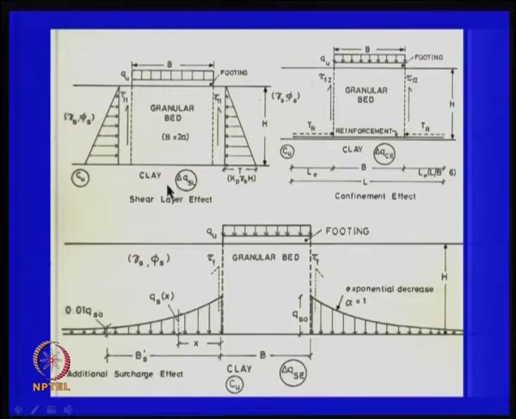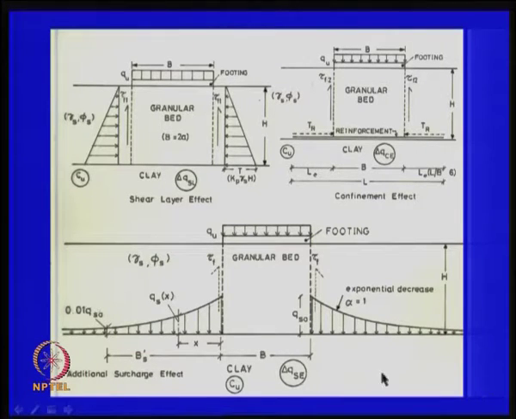In fact, we say that delta Q S L is the improved bearing capacity due to shear layer effect. There are 3 deltas coming up here, and the other most important thing is additional surcharge effect. Actually, it also has a surcharge effect because it acts as a surcharge.